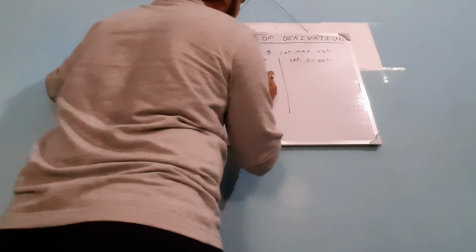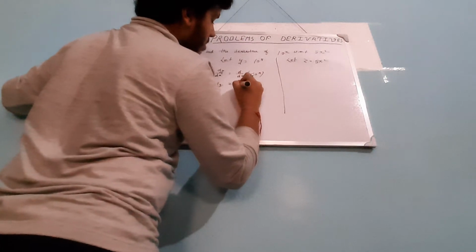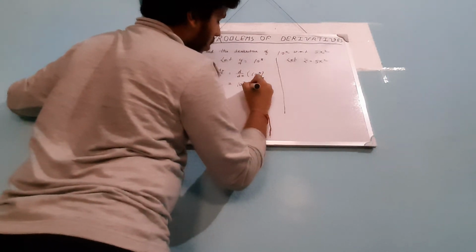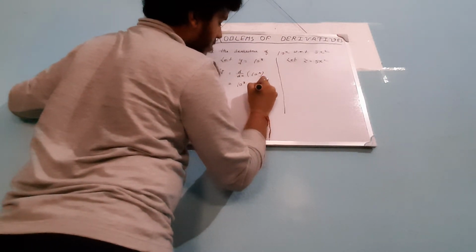So friends, you know the formula of d by dx of 10 to the power x; it is the same as the formula for 8 to the power x. What will be the formula? 10 to the power x into log base 10.